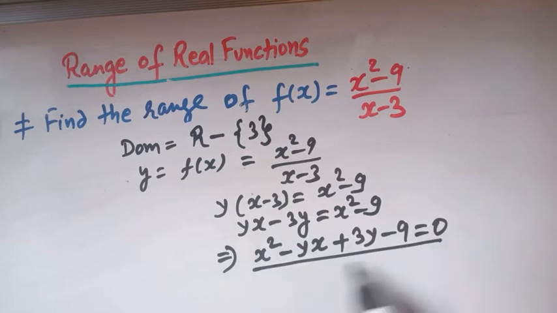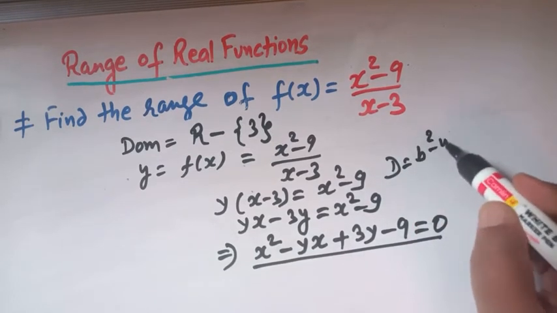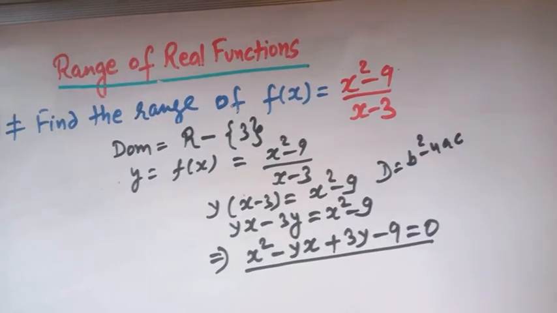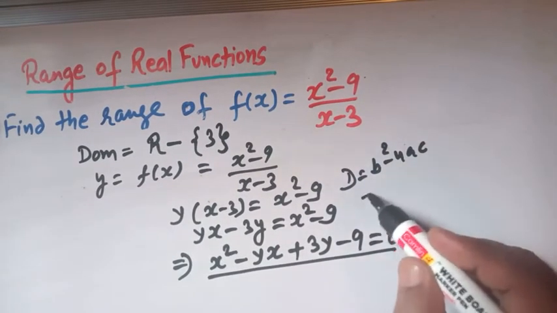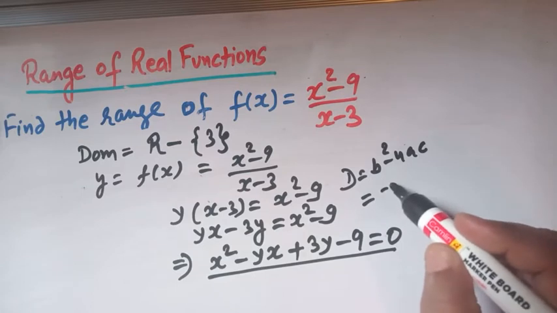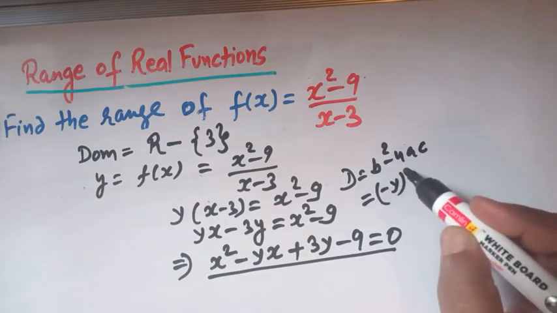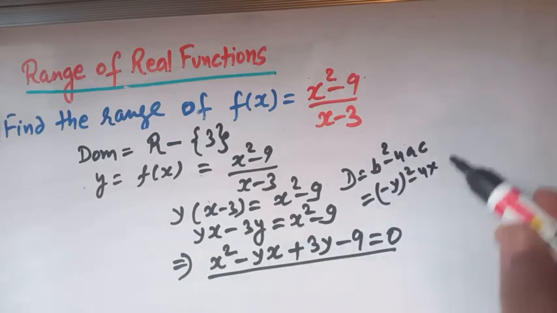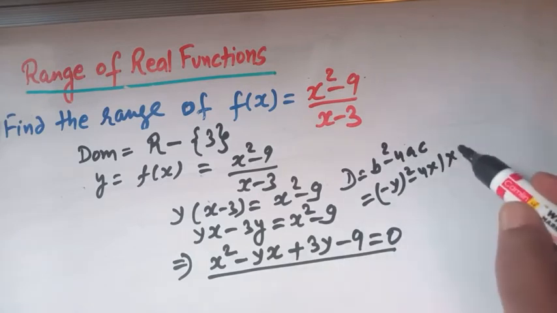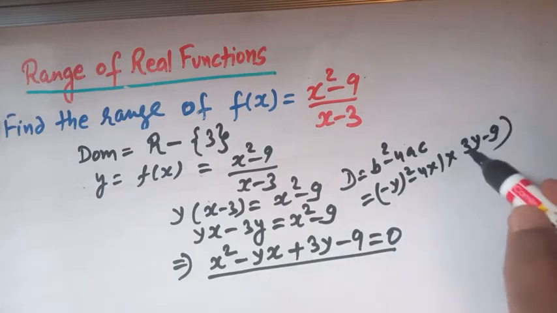So let us first find the discriminant. So discriminant is b square minus 4ac. Clear? This is b square minus 4ac. So b is minus y, a is 1 and c is 3y minus 9.